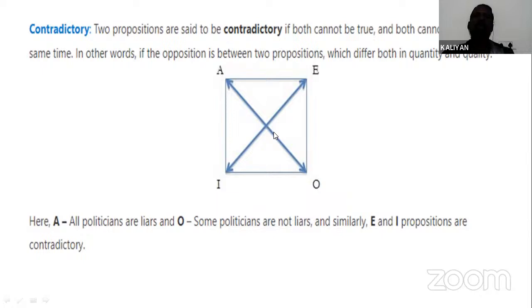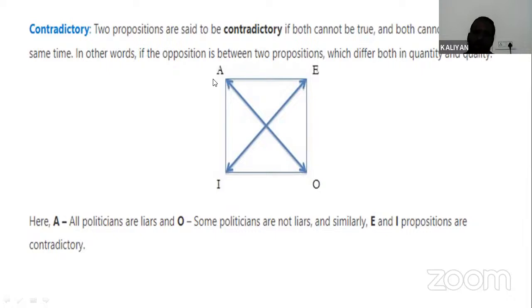So A and O, and E and I, are contradictories. For example, "All politicians are liars." O is "Some politicians are not liars." Here all politicians are liars, but in O some politicians are not liars. So they contradict each other. This is called contradictory.